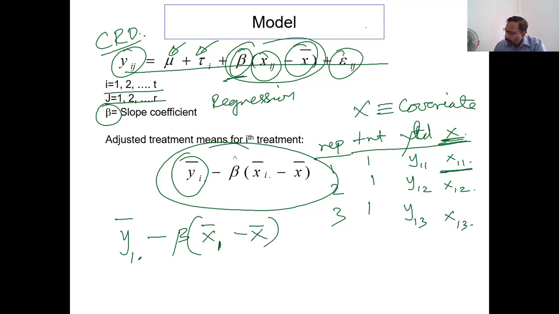X means it is a covariate. So here 1 dot, right? So this we can say for the first treatment. Likewise for the second treatment, the adjustment, the third treatment, and so on.